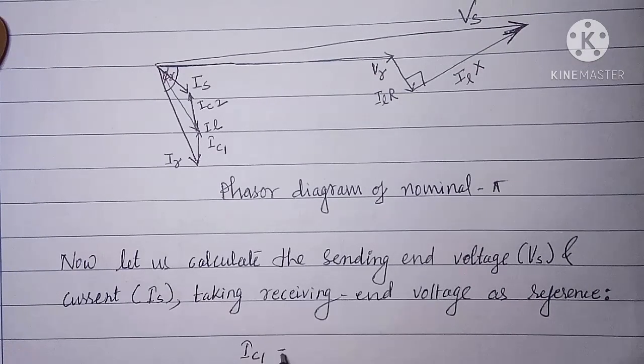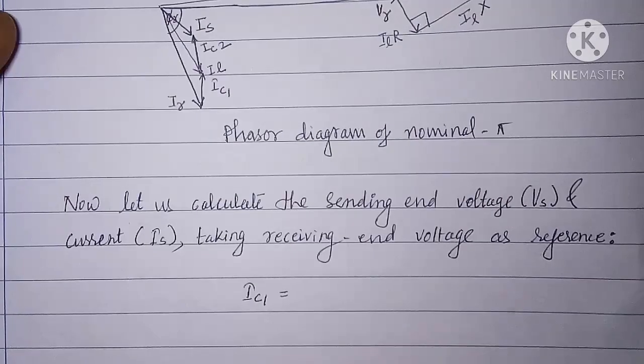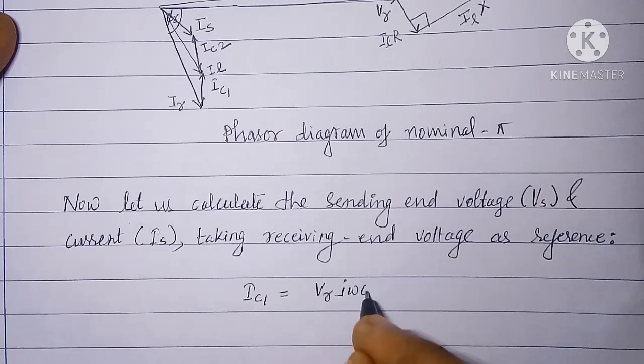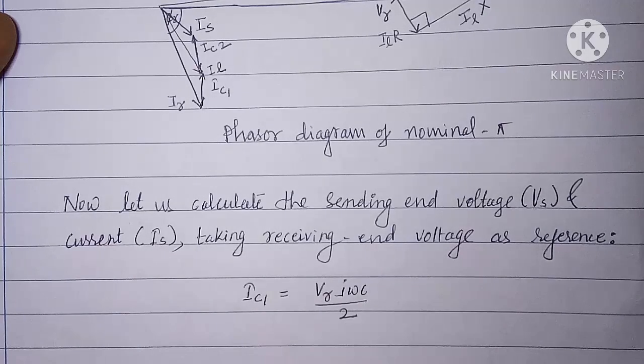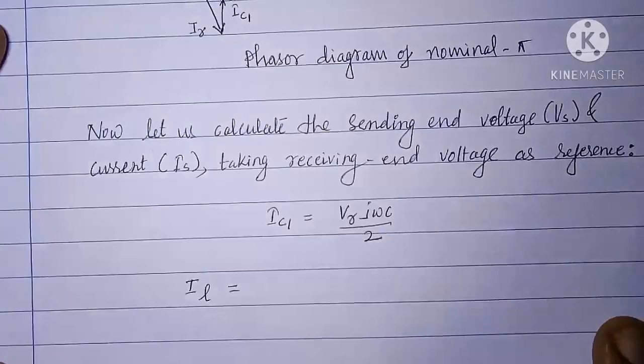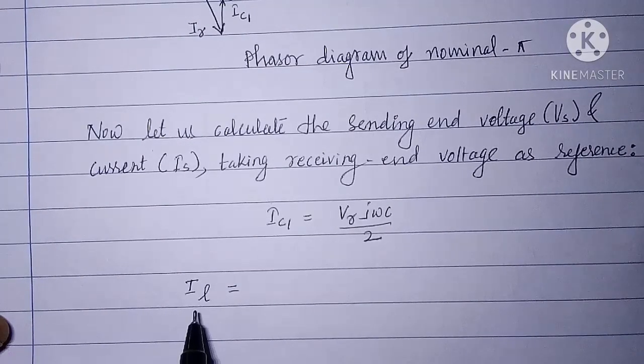So IC1 is equal to, now as discussed earlier, VR into j omega C by 2. Next we will calculate line current IL.